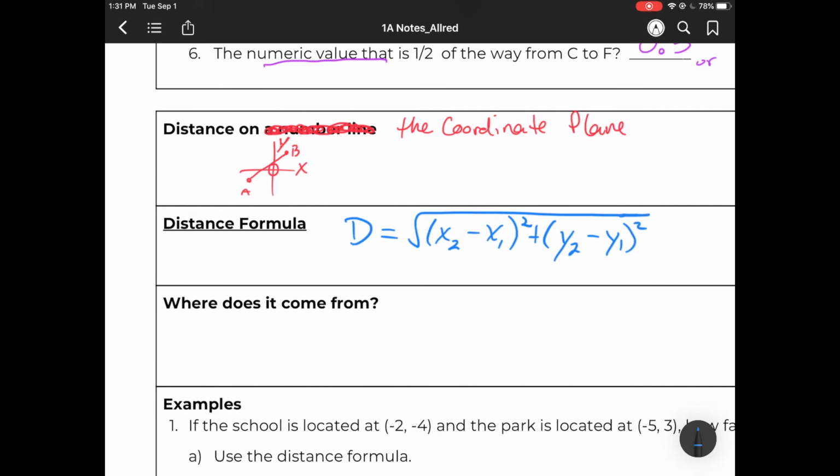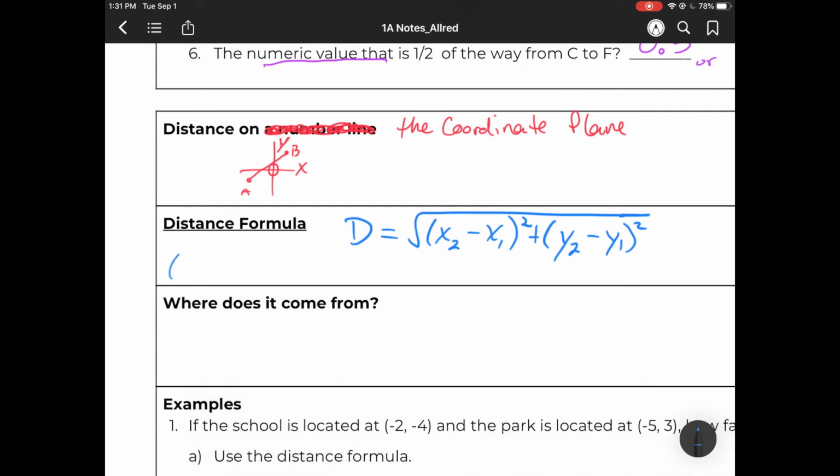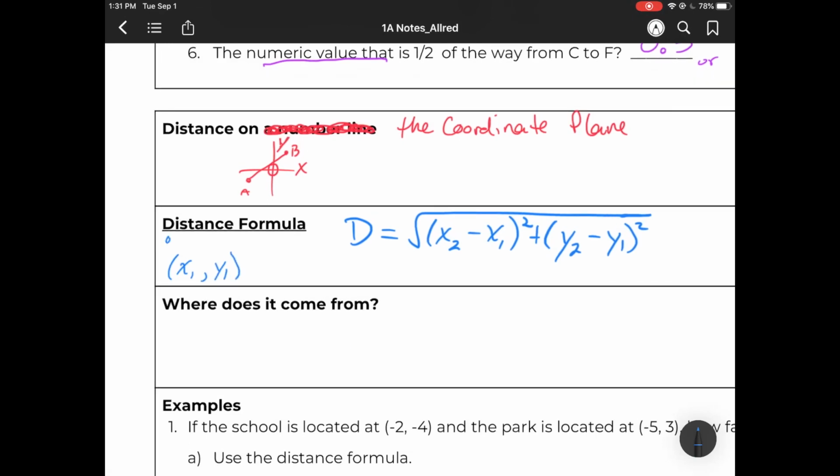That looks really confusing, but let me give you some pointers as to where this comes from and what we're using. x2 and x1 come from the x values of 2 different ordered pairs. So one ordered pair would be x1, comma y1. That's 1 point. The other point would be called x2, comma y2, because we have 2 different x's and y's. And so we assign that labeling system to each ordered pair, and then we plug those in.